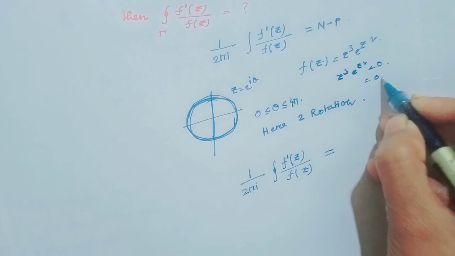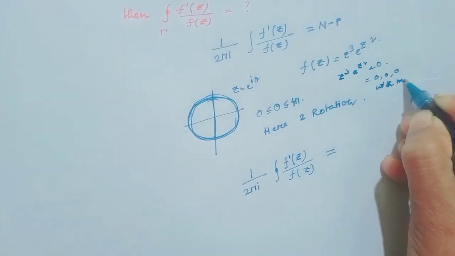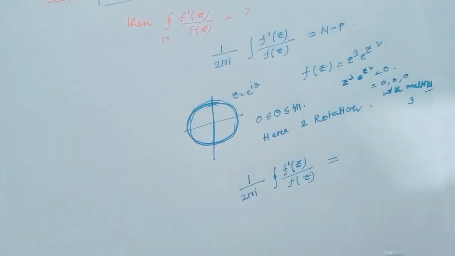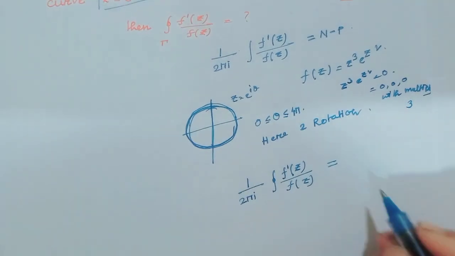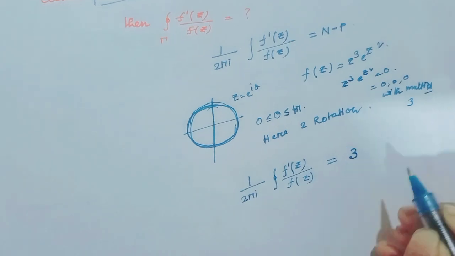The zero is 0, with multiplicity 3. And there are no poles, that means this value is equal to 3.